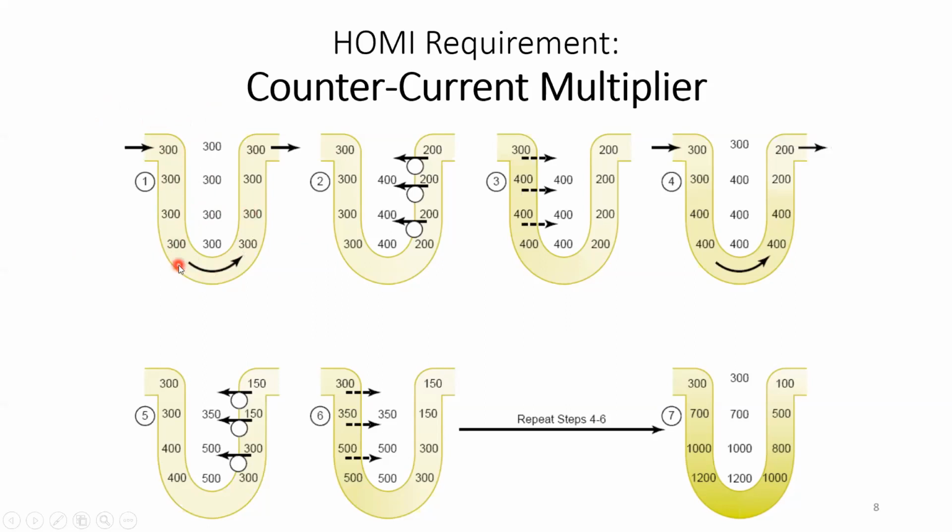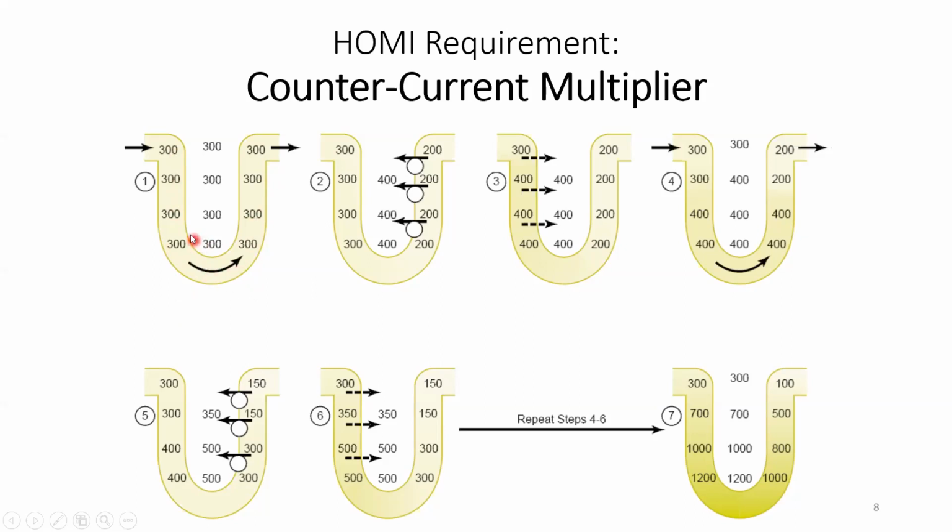These are the long loop of Henle nephrons that are involved in concentration of urine. So they really loop into the inner medulla and form those hairpin structures.